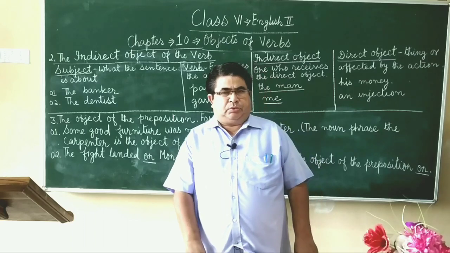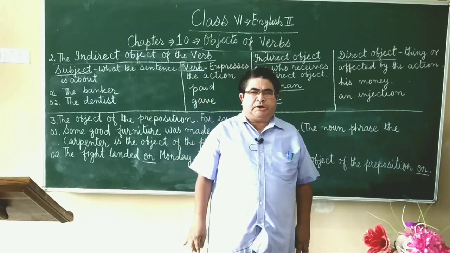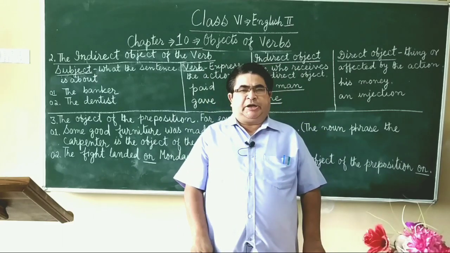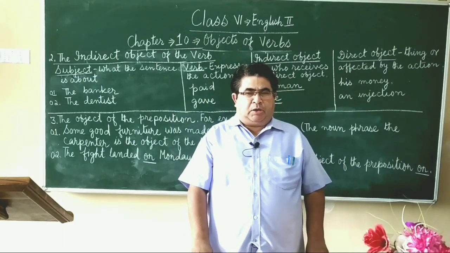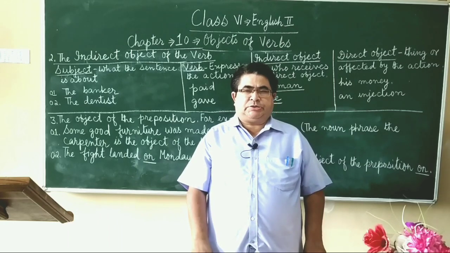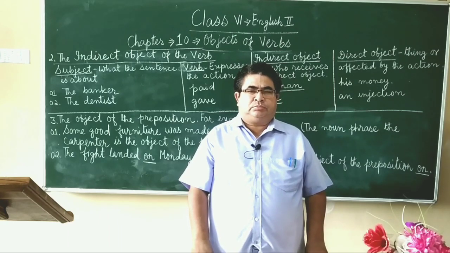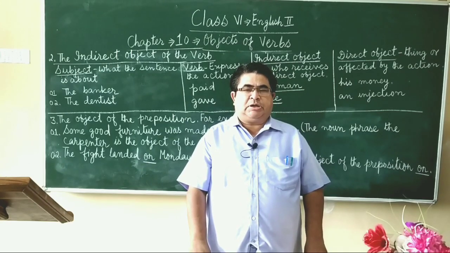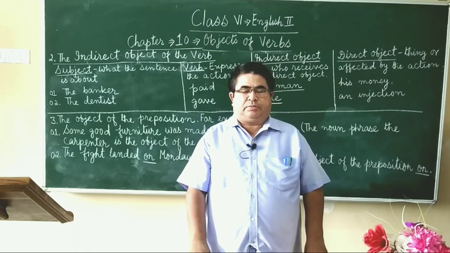Let us know what is the indirect object of the verb. Second point, a noun, noun phrase or pronoun that occurs in addition to the direct object of the verb is called as the indirect object of the verb.